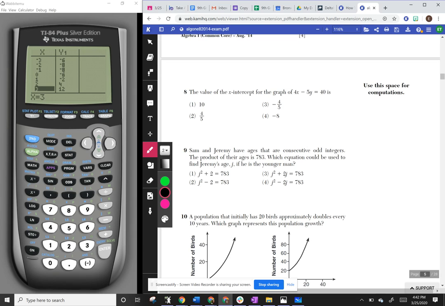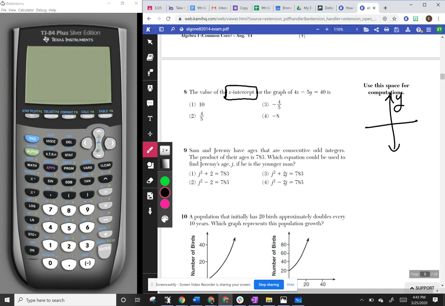Okay, 8. The value of the x-intercept for the graph of 4x minus 5y equals 40 is. Here, the vocabulary of x-intercept is really important. I feel like we usually hear about the y-intercept, right? So let me just draw a quick graph here.